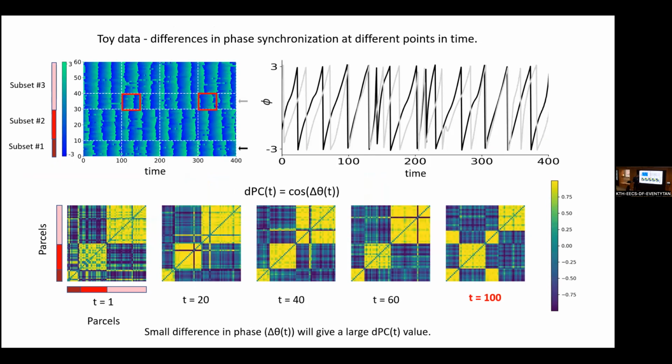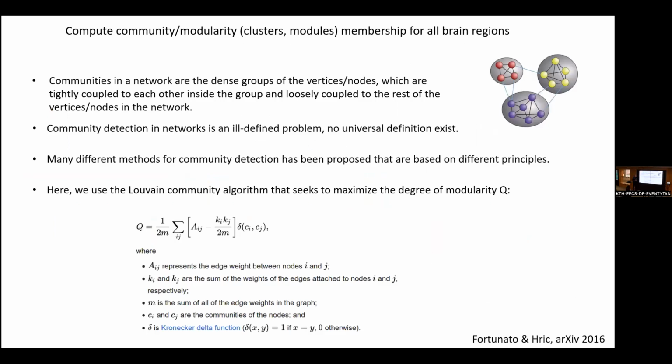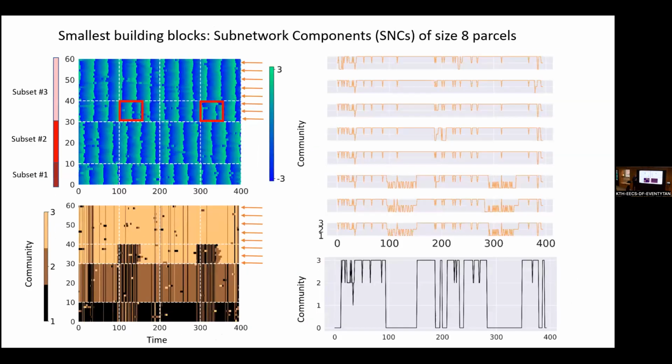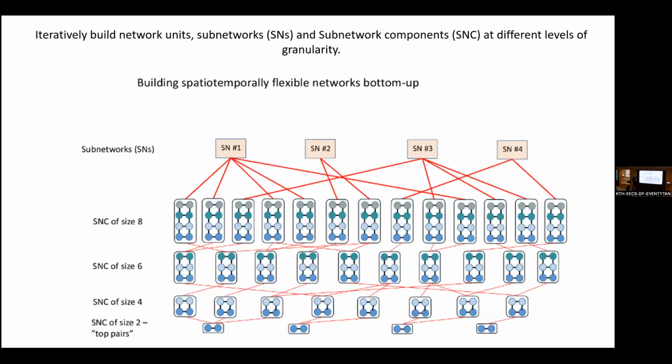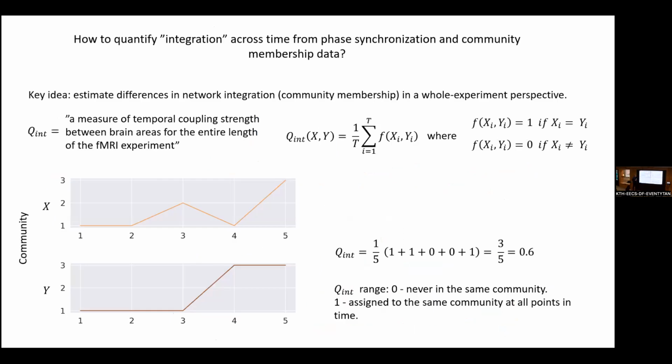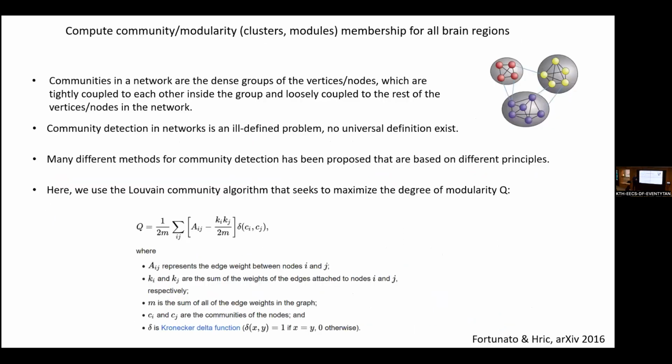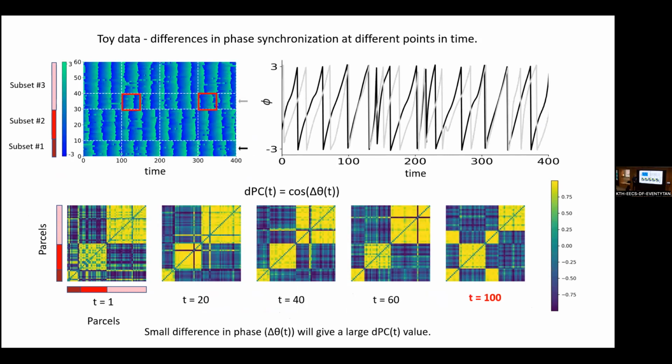So you have phases over time. Around time point 100, you see that they start to align. The nodes up here start to align with the nodes down here. And then it starts to diverge again.